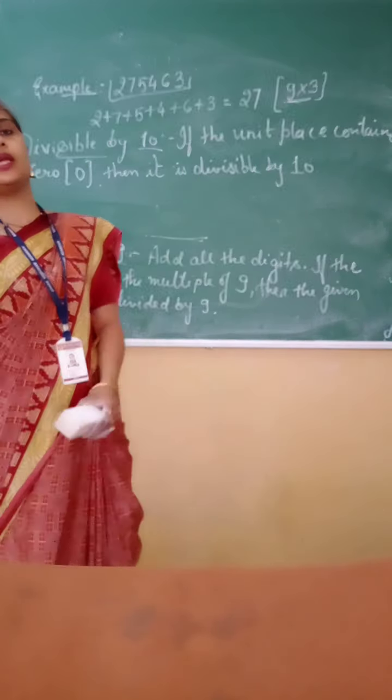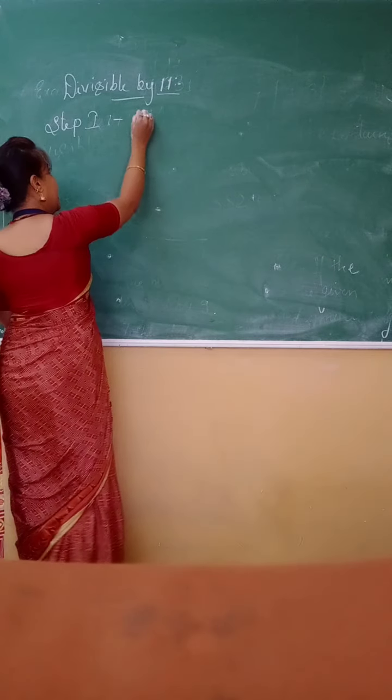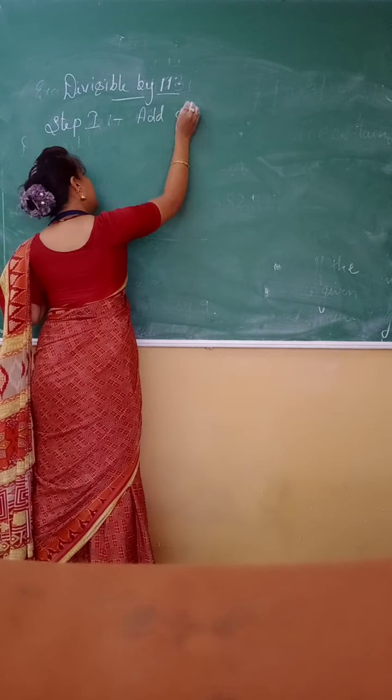For finding out the divisibility of 11, first of all, let us take it stepwise. Step 1, add all the digits at odd place.